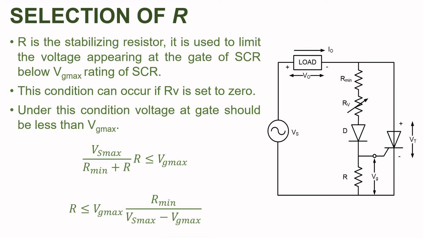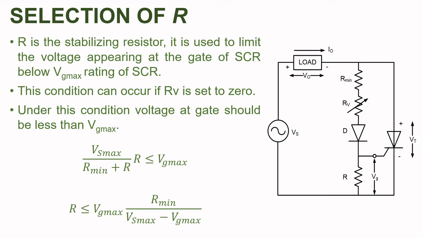This condition can occur if the value of Rv is set to 0. In that case, maximum current would be flowing through triggering branch as the impedance available in this branch is low. Under this condition, the voltage at the gate should be less than that of the Vg max.